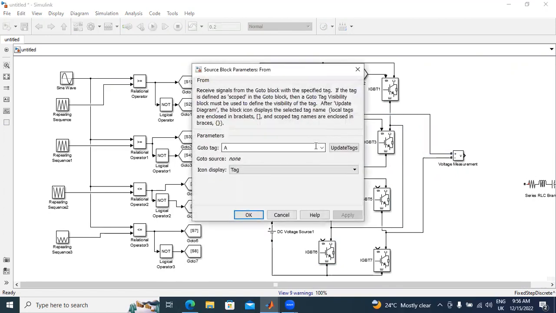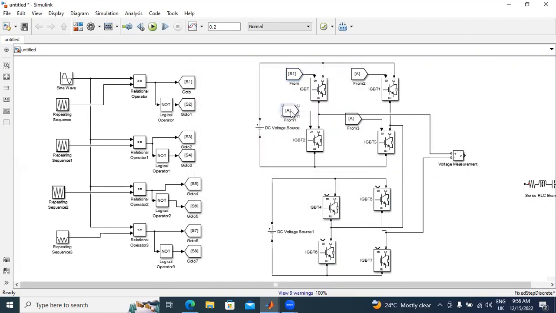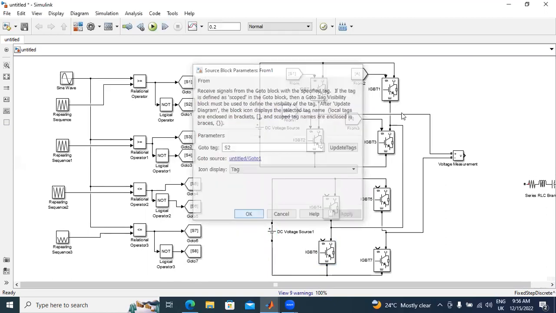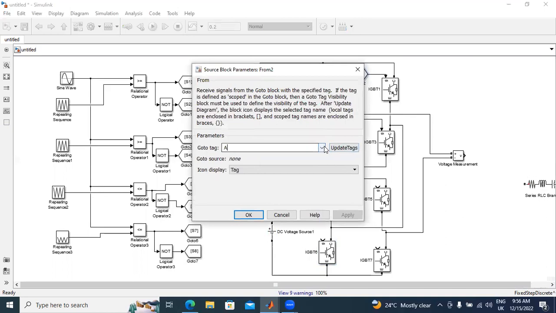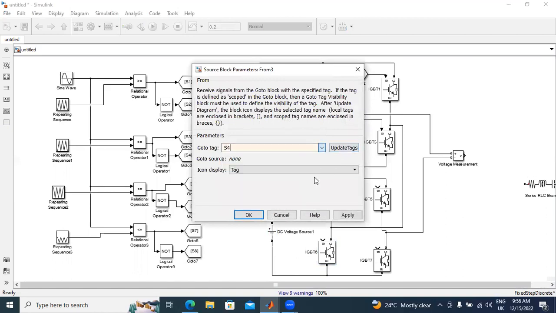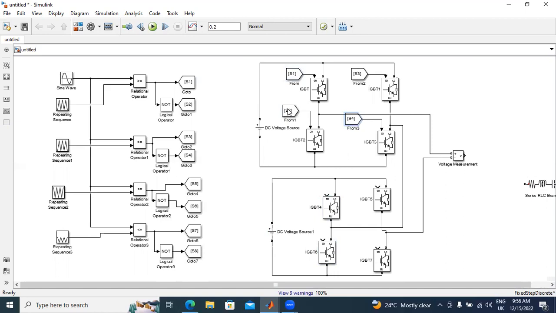I will apply this. This is switch S1. This second switch is S2. This is switch S3. This switch S4. Okay. The signal supplied to here. Next, I will take one more switch.